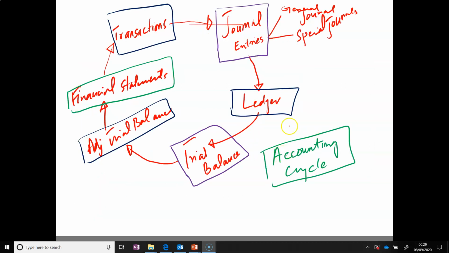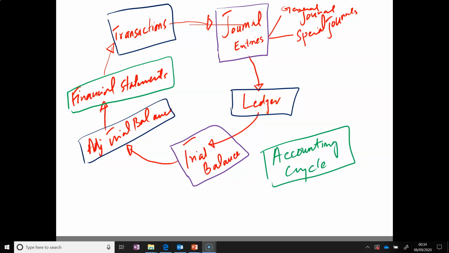In the accounting cycle, transactions are recorded as journal entries in the journal or special journal. The journal or special journals are also called the day books, where transactions are recorded in chronological order. However, the problem with the journals is that you cannot tell readily the balance or the details of a particular account from the journal, as these entries are made chronologically in the book.